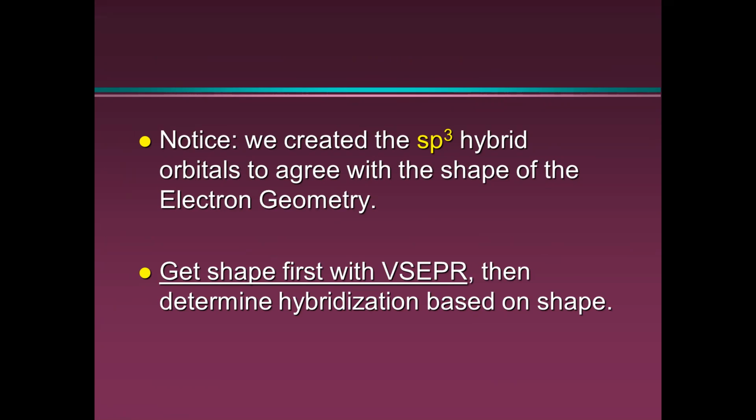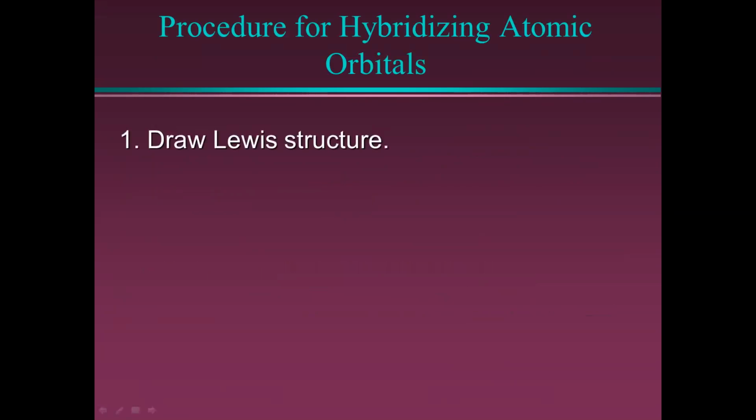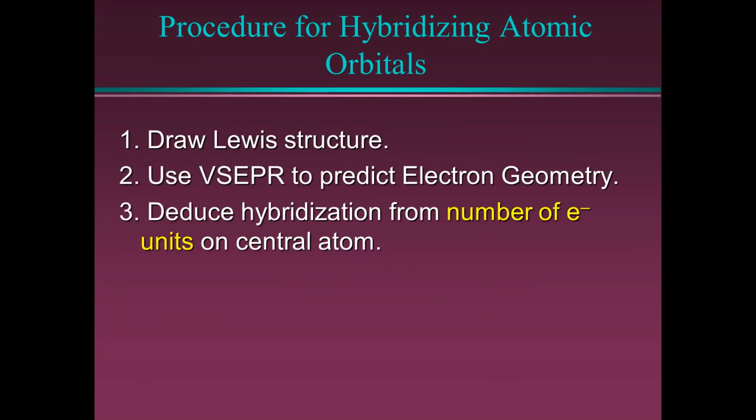So yes, we create hybrid orbitals to agree with the shape of the electron geometry. To get the shape first with VSEPR, then we can determine the hybridization, what type of hybridization, based on the shape. This is the procedure to determine what type of hybridization orbitals we have.